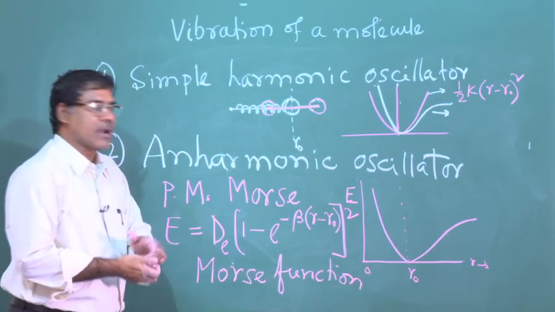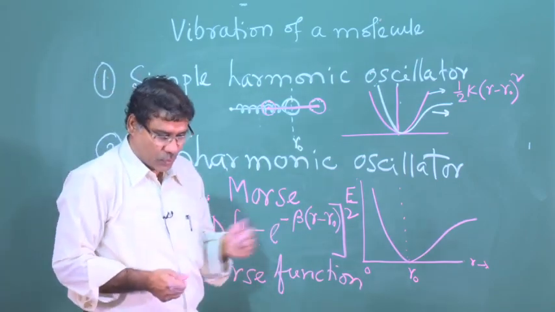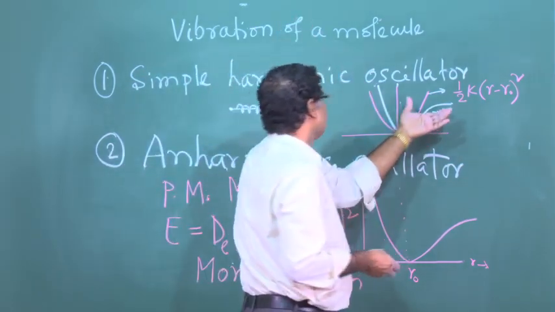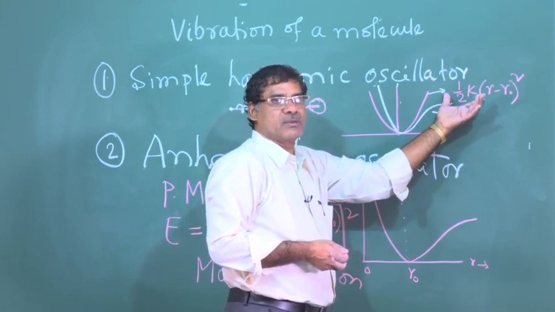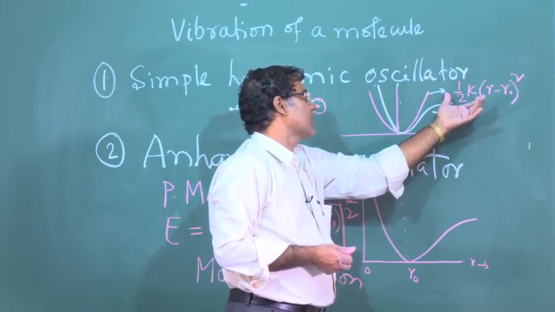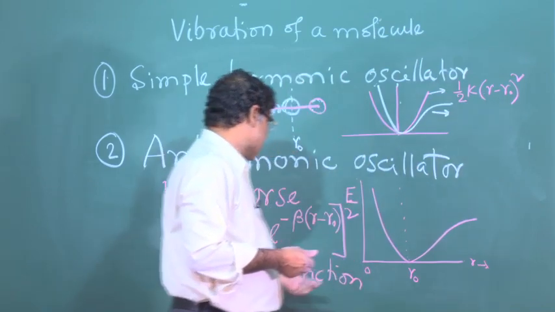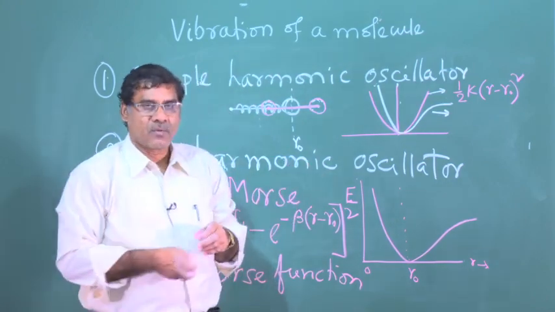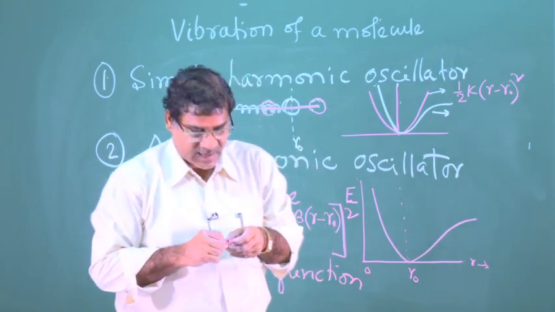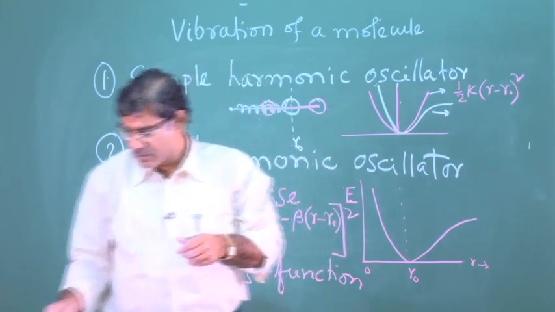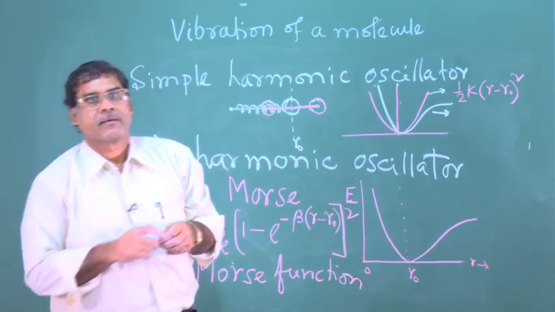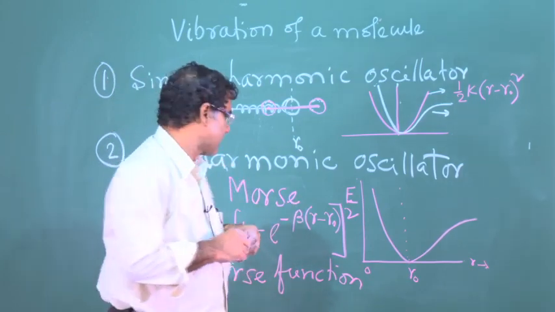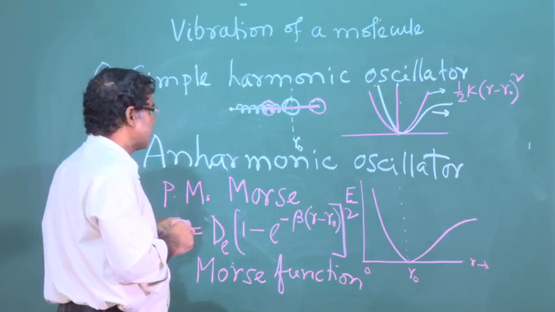Okay. So, one has to use this potential energy in place of the potential energy for the harmonic oscillator, and this one is for the anharmonic oscillator. So, using this potential energy, one has to again repeat this calculation. One has to solve the Schrodinger equation considering this potential energy, and one can find out the energy expression.